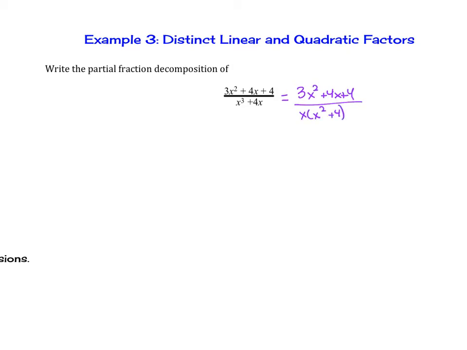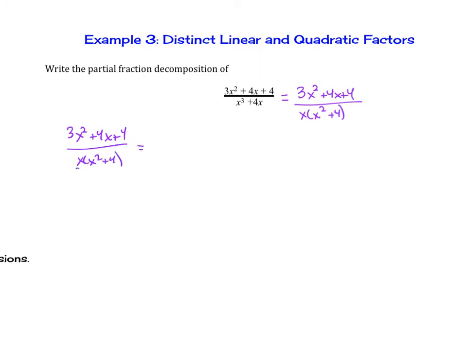Now we see this is different from the previous lesson, because we have a linear factor and a quadratic that is irreducible. So this is how we write this. Let's write 3x squared plus 4x plus 4 over x times x squared plus 4.